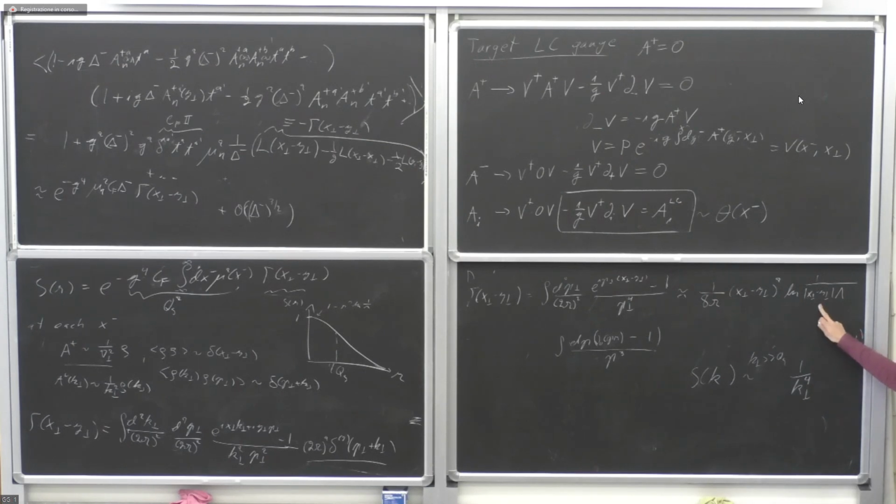Often what people do is say, I don't care about this log, let me just say that the log is 1. Then this power law at large k perp becomes exactly a Gaussian, and a Gaussian's Fourier transform is a Gaussian, so you don't get this power law tail at large kt.